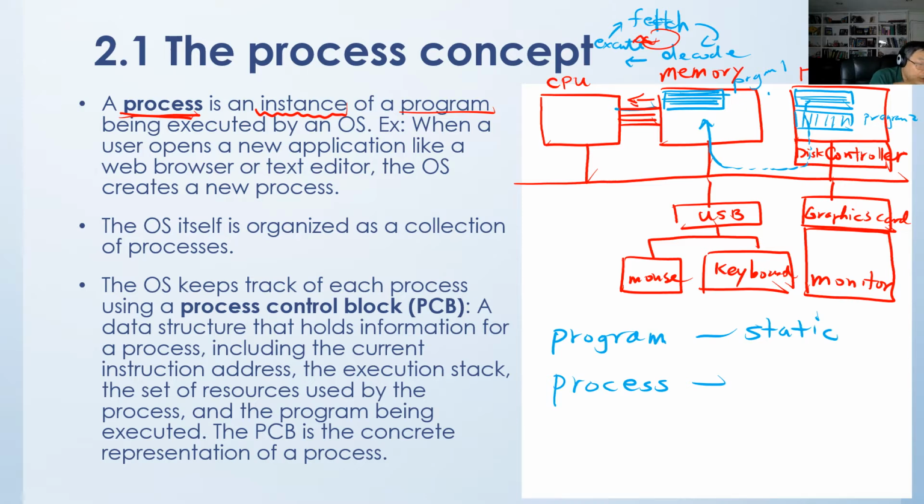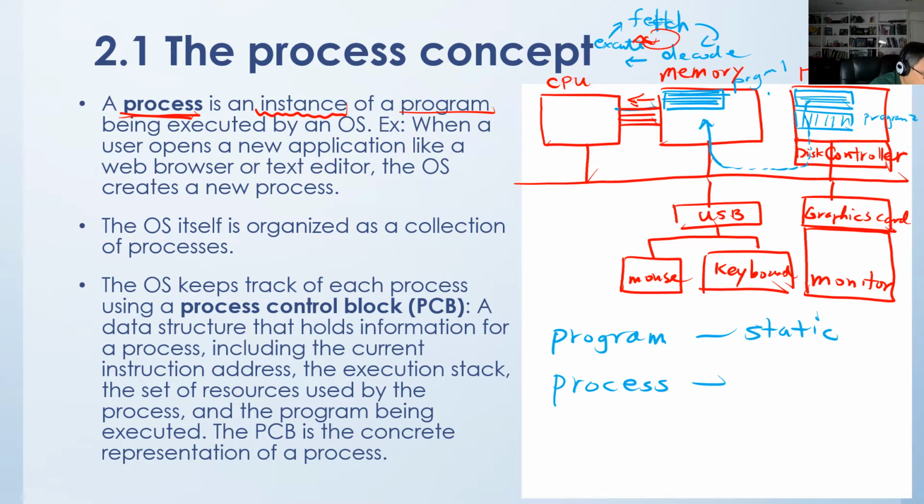Once you click program 1 and load the program into memory, the program starts to fight with the other programs for CPU resources. Once you start this program and load it into memory, you basically start a process.